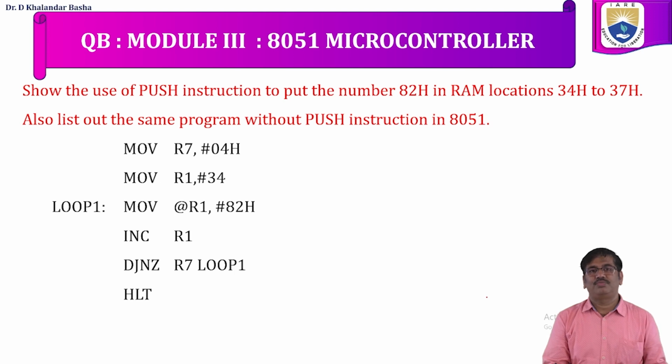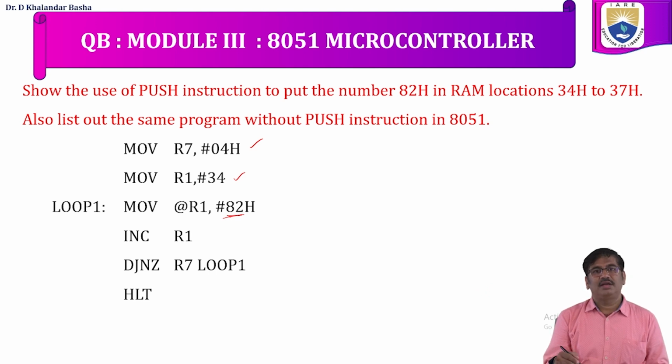Next, without the PUSH instruction, how many memory locations we want to copy will be loaded into R7 by MOV R7, #04H. Then the starting address will be loaded into a register, R1, with MOV R1, #34H. The data which we want to copy into that memory location, that is 82H, will be copied into memory by using MOV @R1, #82H.